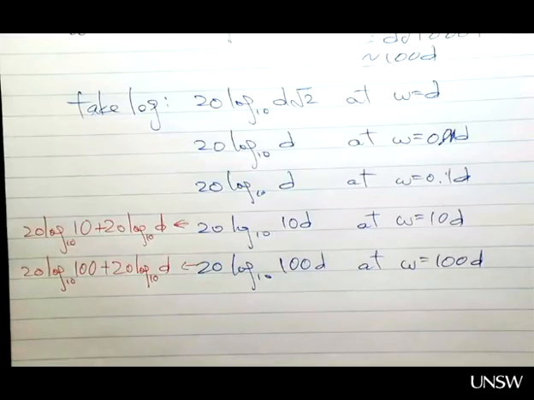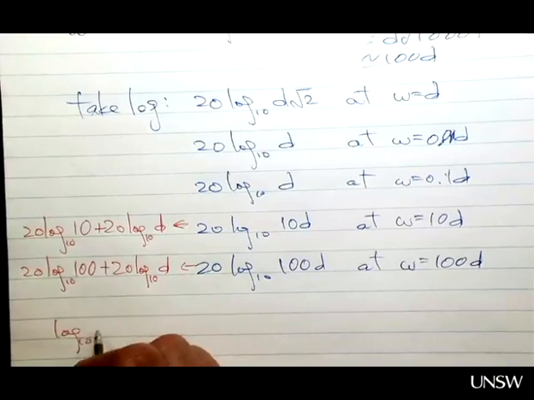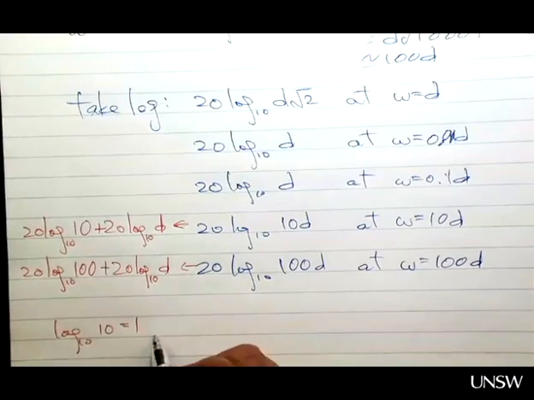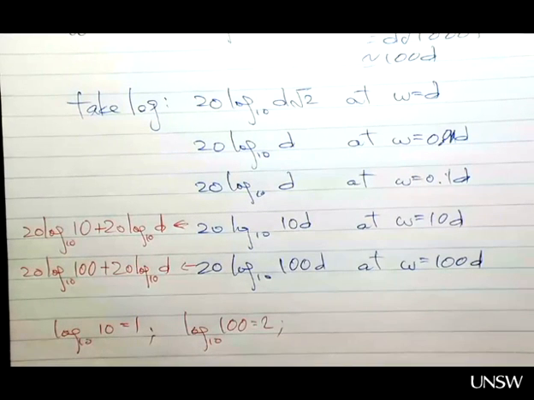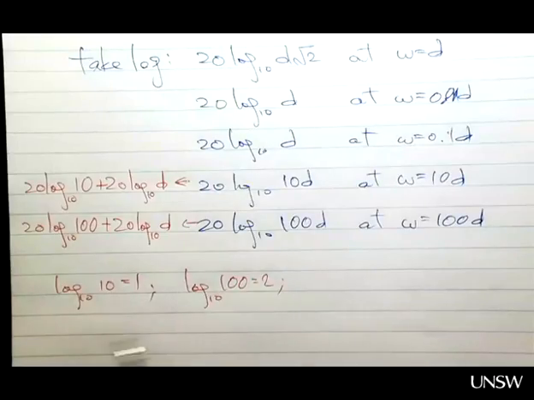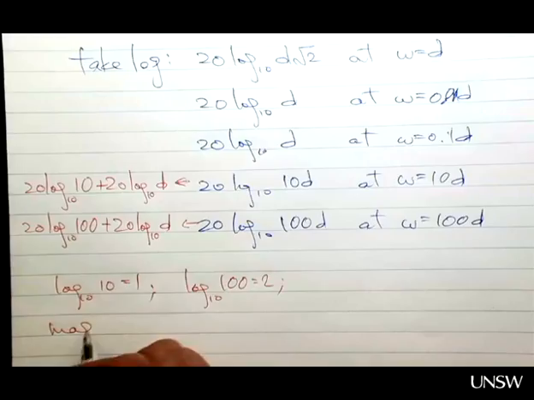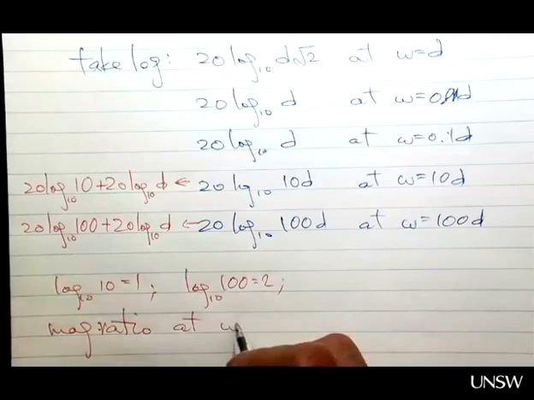So log10 of 10 equals 1, and log10 of 100 equals 2. Then the magnitude ratio at omega equals 10d and then 100d.